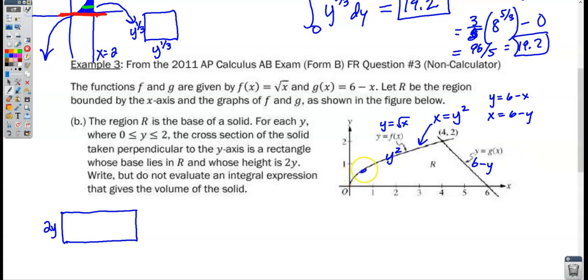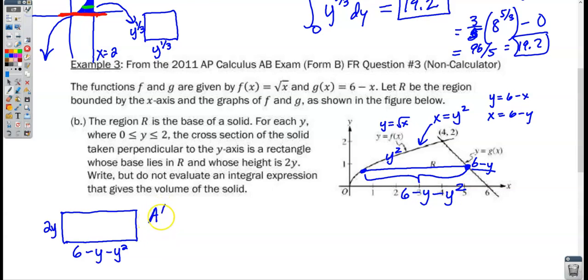So that means that for a given rectangle, the distance from here to here is going to be 6 minus y, the right endpoint of this line, minus the left endpoint of this line, gives us the length of this line segment here. And so the width of my rectangle is 6 minus y squared. All right. And now I can set up and find the volume of this solid.